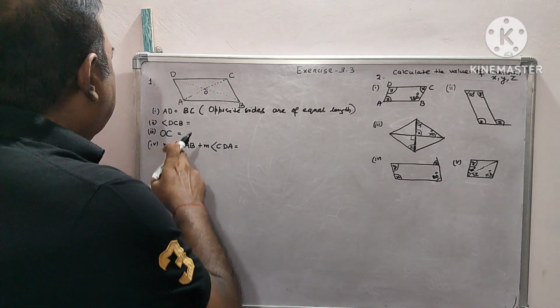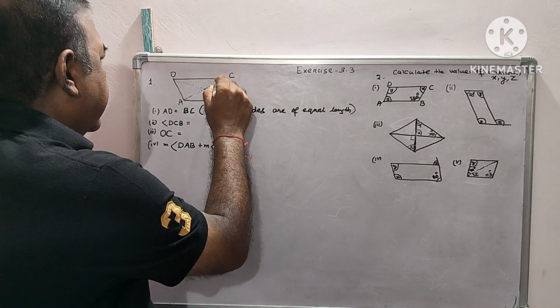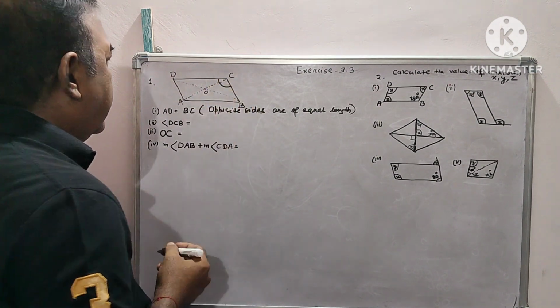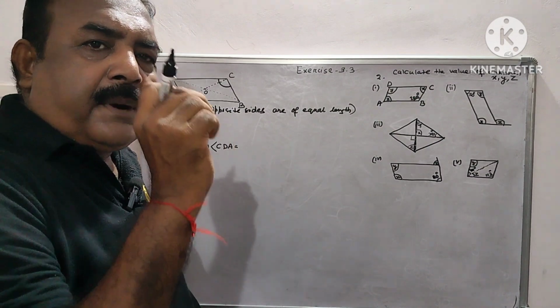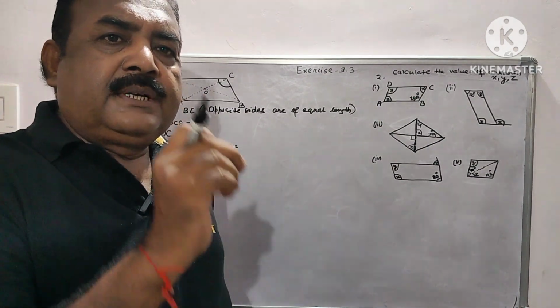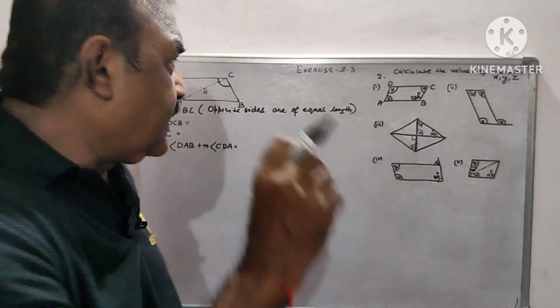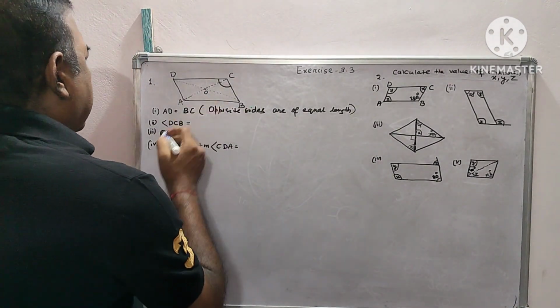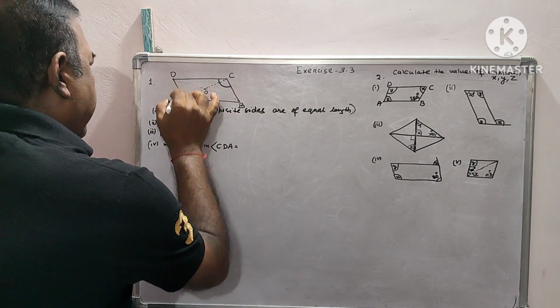Then come to angle DCB. What do we know? Now we know in a parallelogram opposite angles are equal in measure. So the measure of angle DCB is equal to the measure of angle DAB.